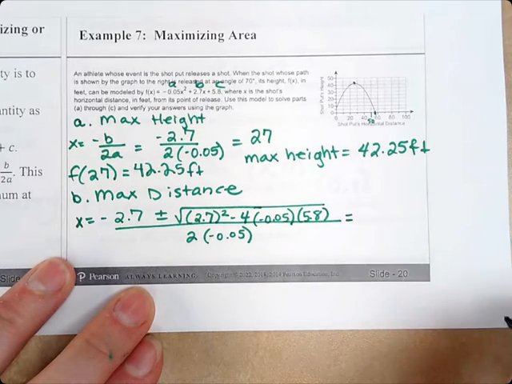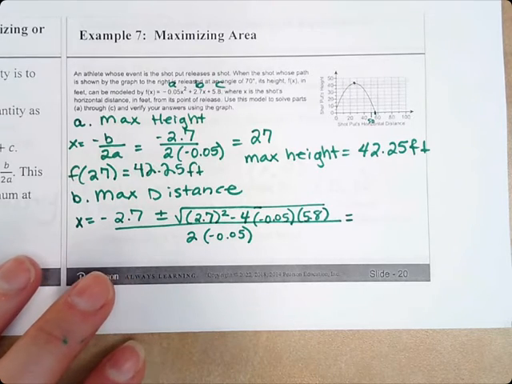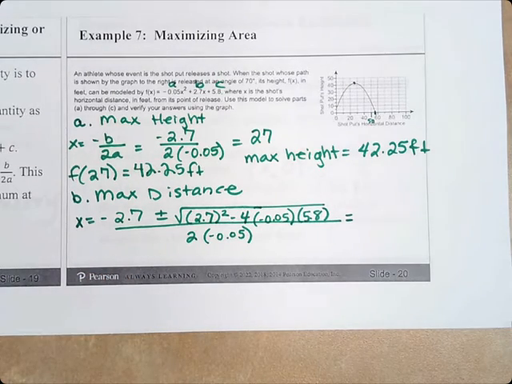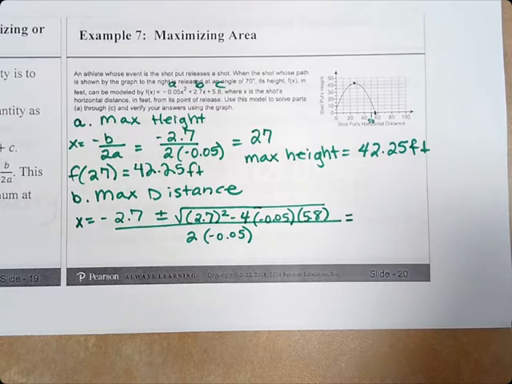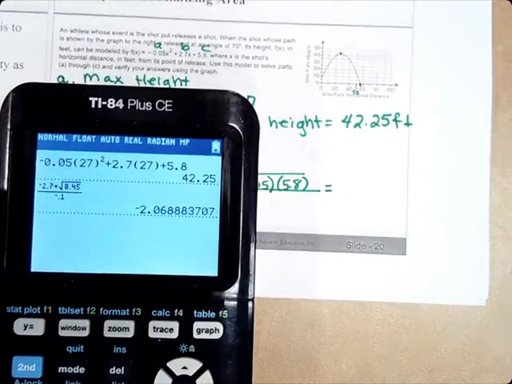What was it? You just made it up? Okay. Close. I think I messed up my calculator. Don't worry, we got mathematician later. What'd you get? Negative what? Negative 2.0688. What's the max distance?